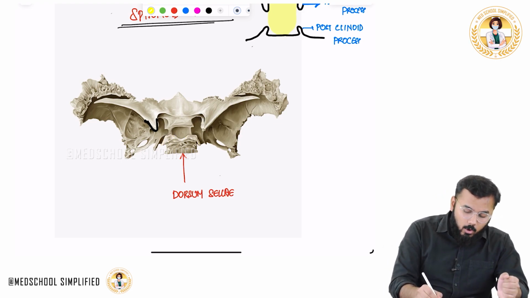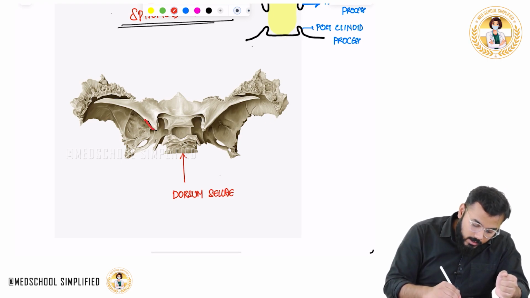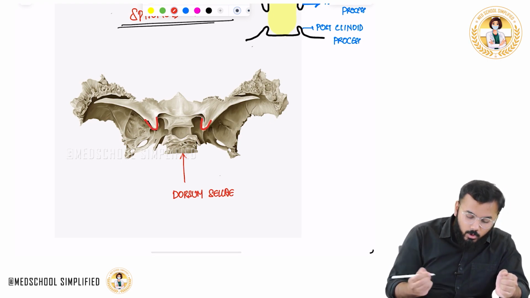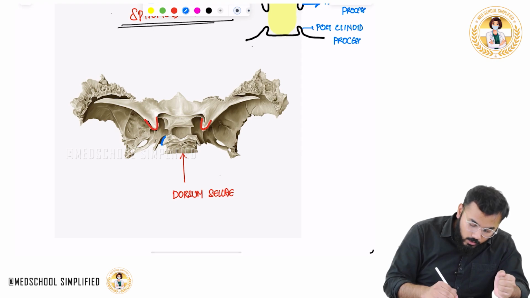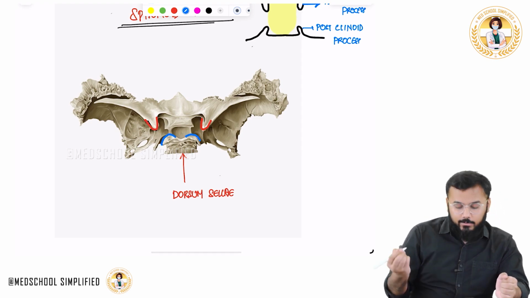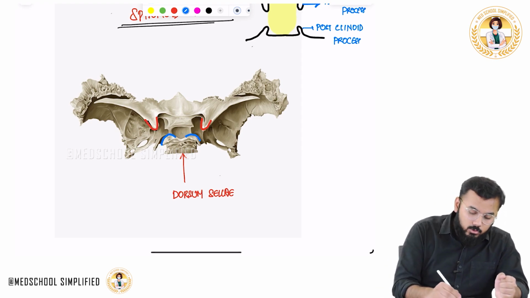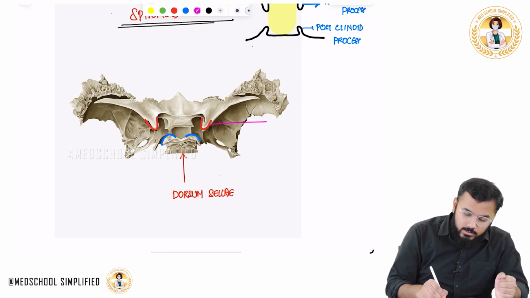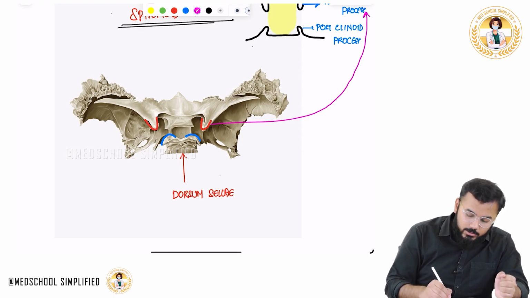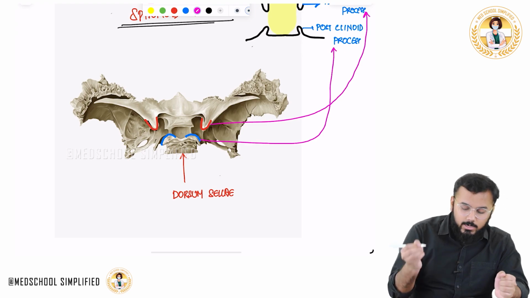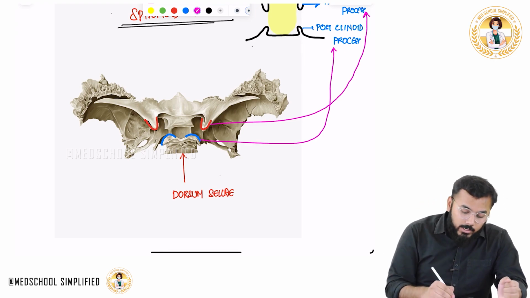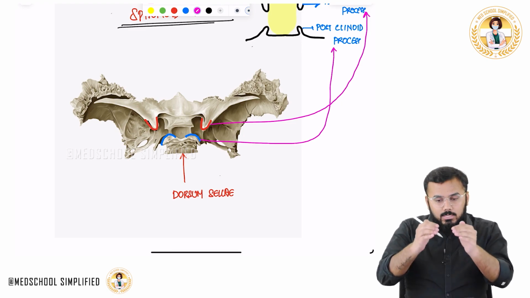So overall, how many clinoid processes can you see? One is the anterior clinoid process, which I am drawing with red, and next, with blue, what I am highlighting is the posterior clinoid process. Now, in between both the clinoid processes, you see a concavity.